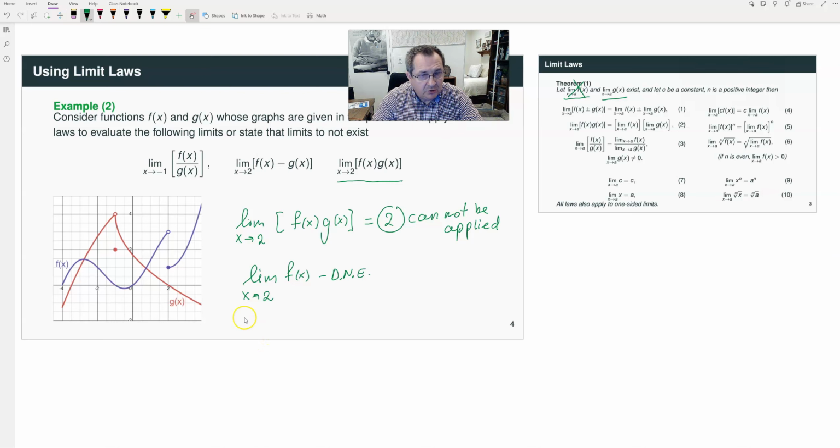However, we can try to look at one-sided limits. Let's take a look. We'll look at the limit as x is approaching 2 from the left of f of x times g of x.